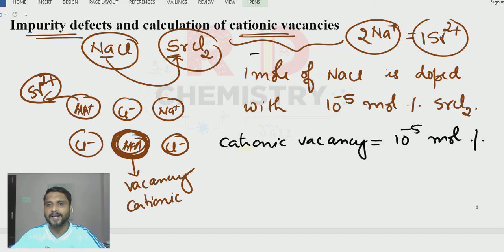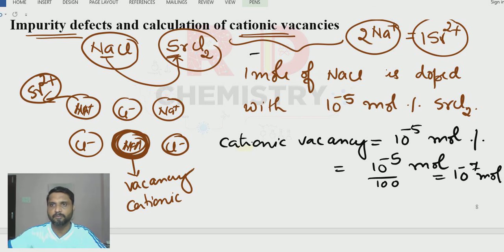Suppose they don't want the answer in terms of percentage or mole, you'll convert that mole into Avogadro number. So get rid of this percentage. So 10 to the power minus 5 mole percent. How to remove the percentage? Divided by 100. Correct? So this is equal to 10 to the power minus 7 mole. But we don't want the answer in terms of mole.